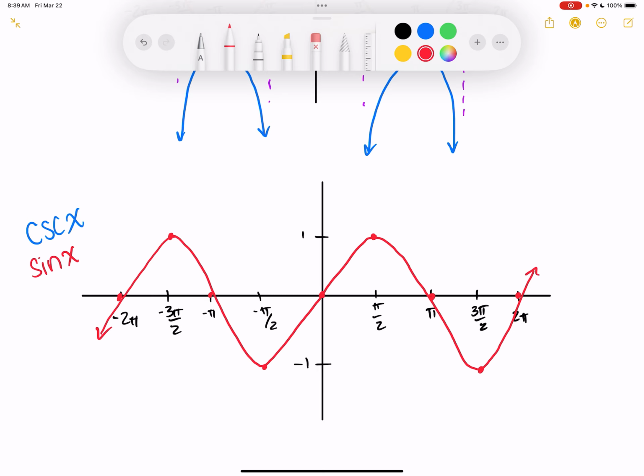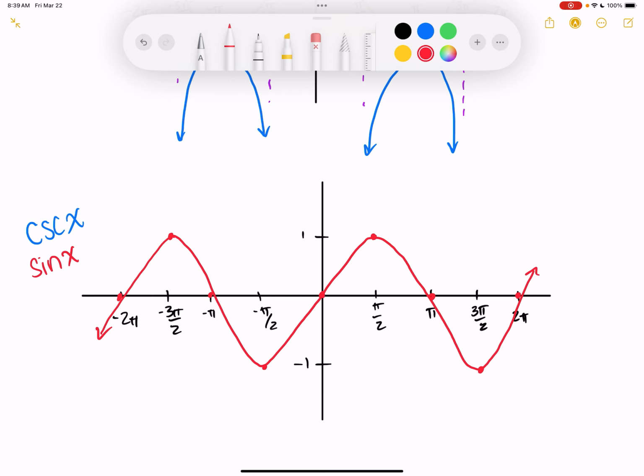So just like when I said where is cosine 0, because 1 over 0 is undefined, we had vertical asymptotes for secant. I'm going to do the same thing here for cosecant, because cosecant is 1 over sine. So anywhere that sine is 0, I'm going to have a vertical asymptote as well.